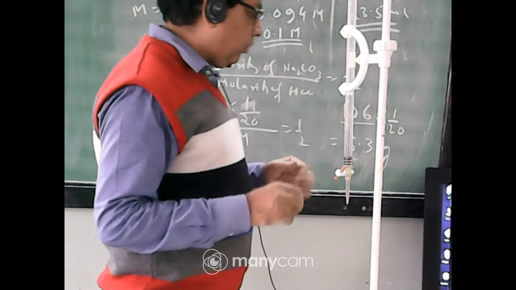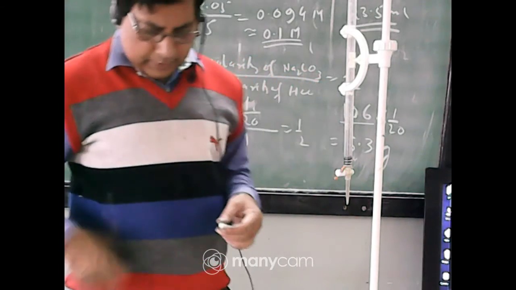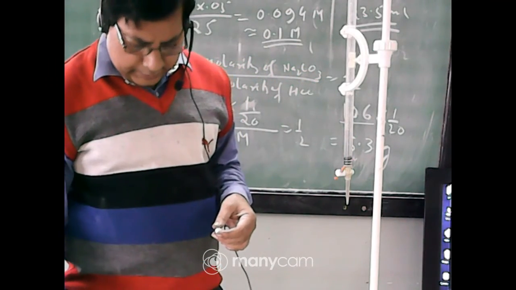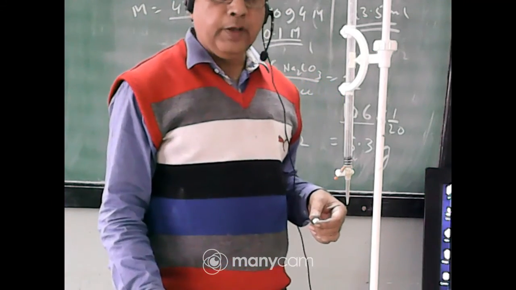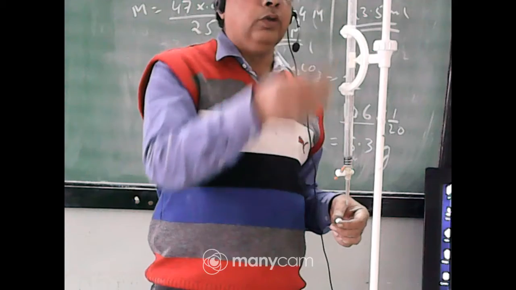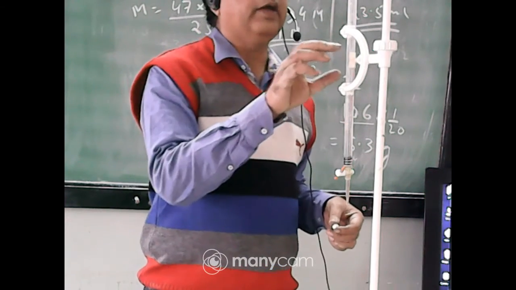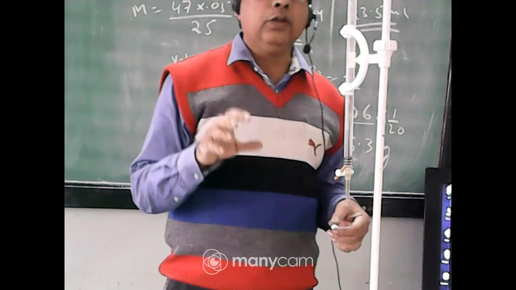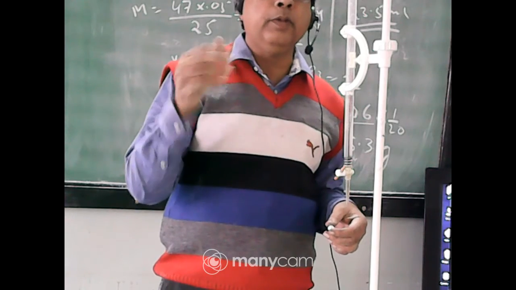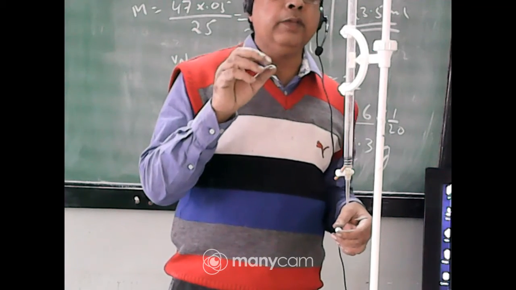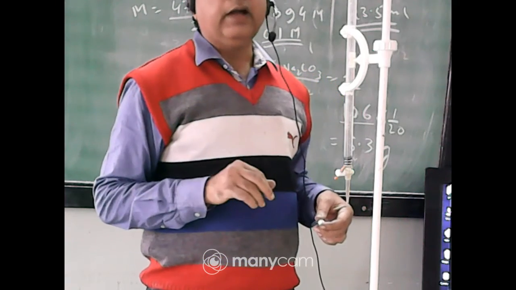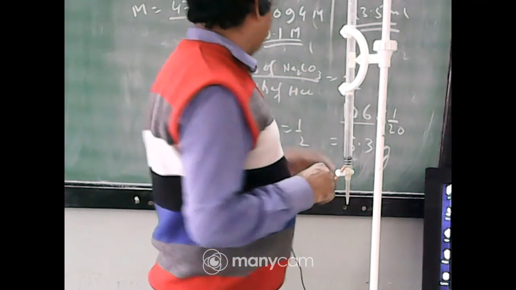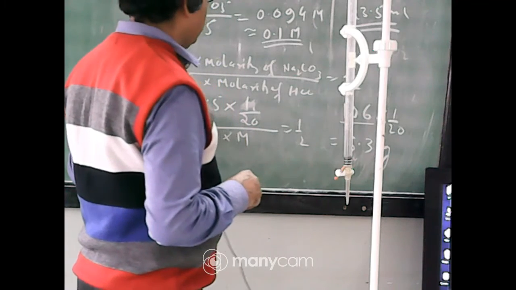You make the tabular form and write the first reading. Volume of HCl taken is 25 ml using pipette. Volume of Na2CO3 required is 25.6 ml. In this way, you repeat the experiment 4 times. Take not the average value, but the concordant value, that is known as the titer value, and using the titer value you calculate by using the formula.